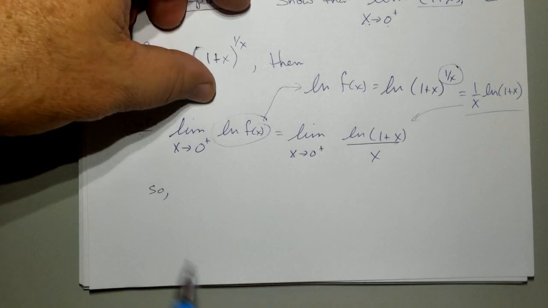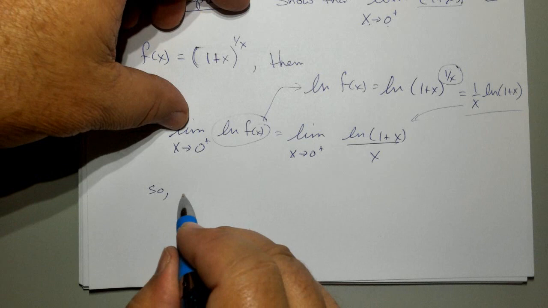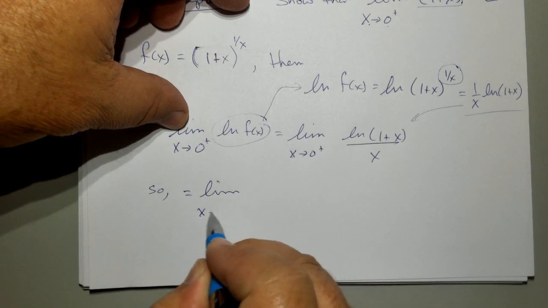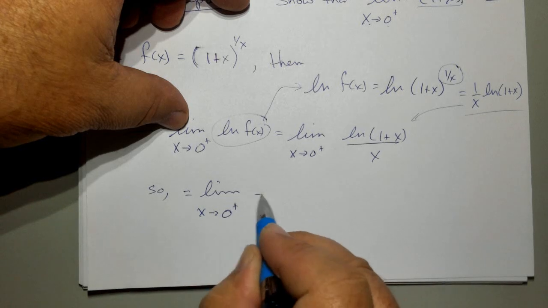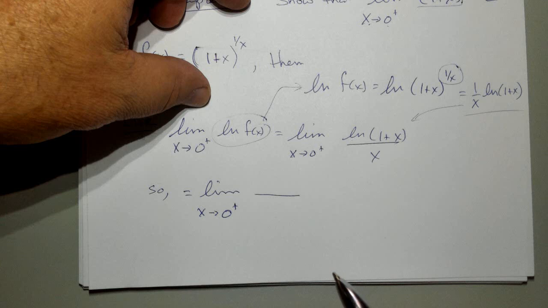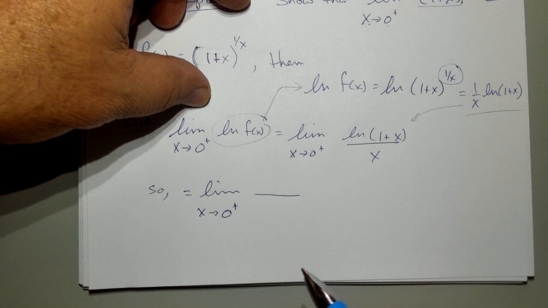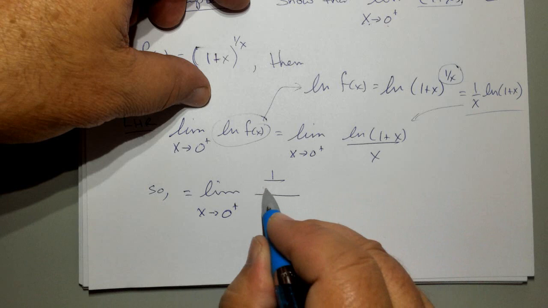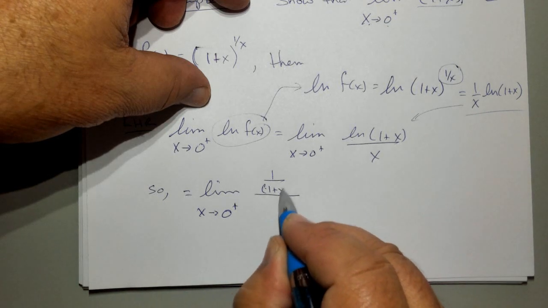Using L'Hopital's rule, what do we get? Limit as x approaches 0 from the right. The derivative of ln(1 plus x). What's the derivative of ln? One over x. So it's 1 over 1 plus x.